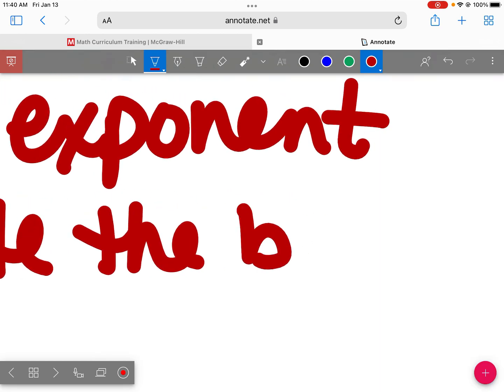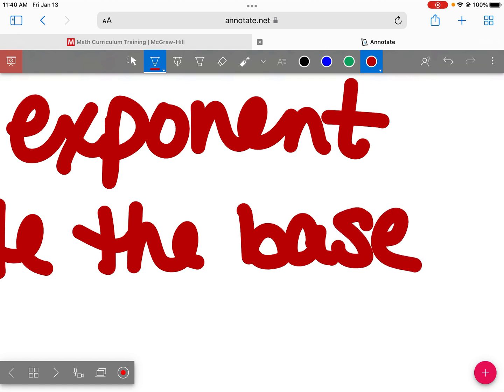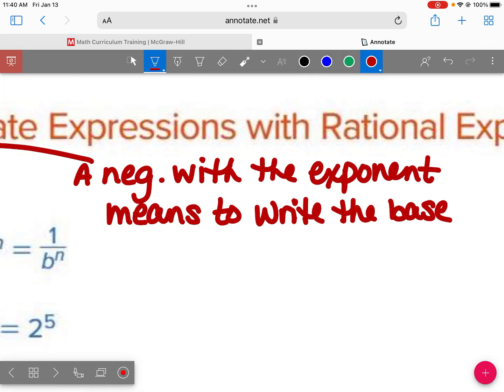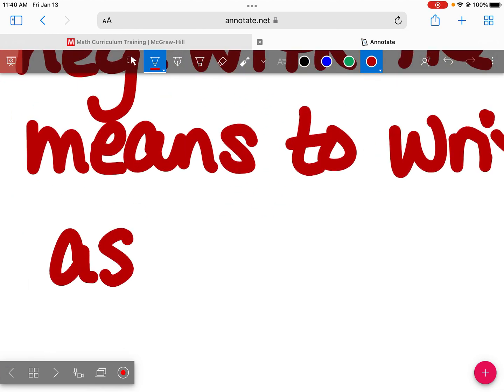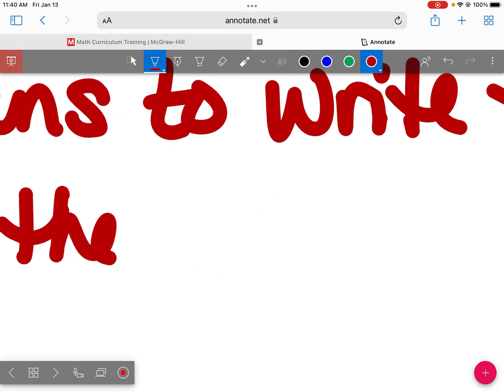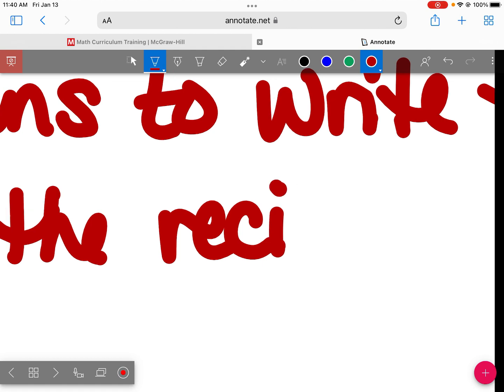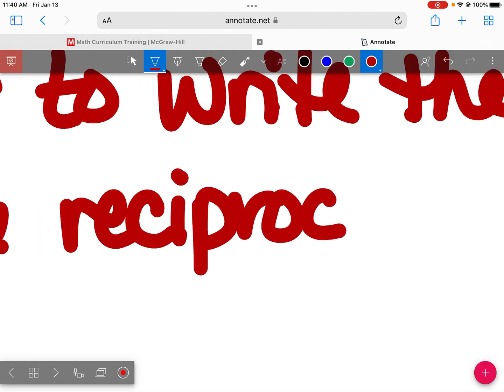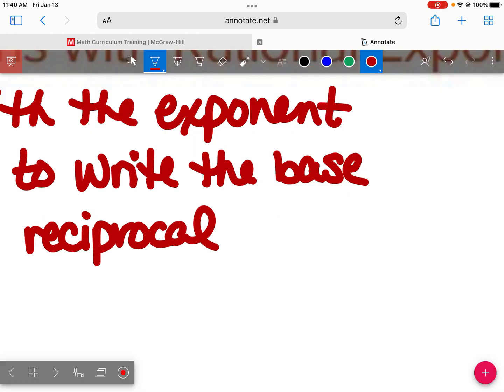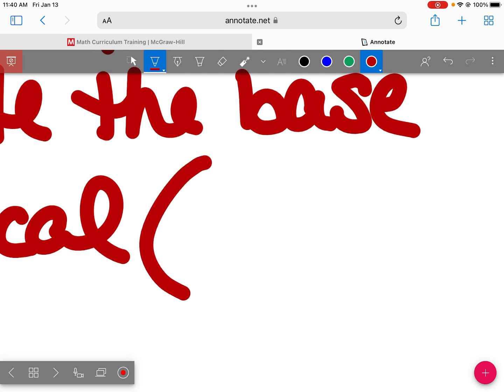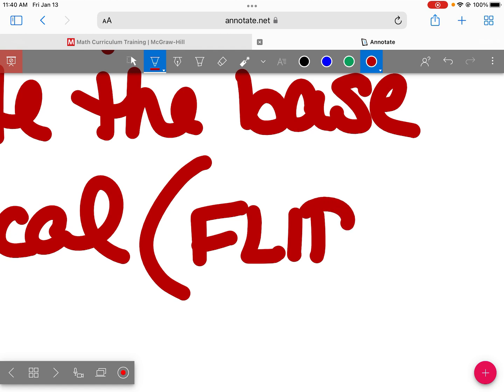Write the base. In this case, my base would be 32. Write the base as the reciprocal. What does reciprocal mean? Flip it over, yep. We're going to flip the fraction.